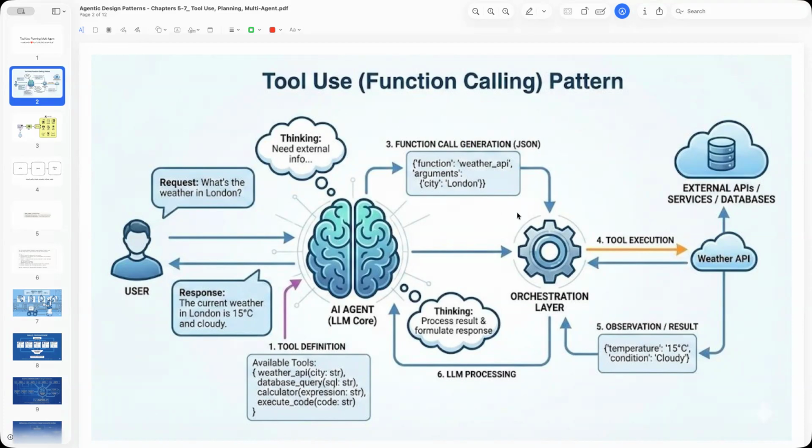And the flow is like that: when the user requests some information, LLMs are trained to recognize these patterns when they need to insert special function call tokens.